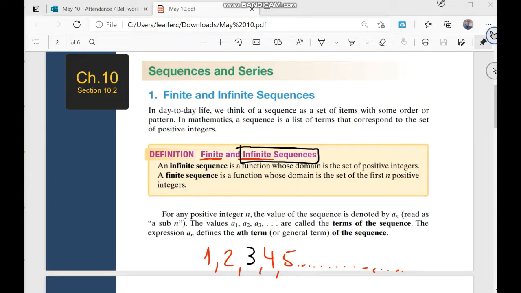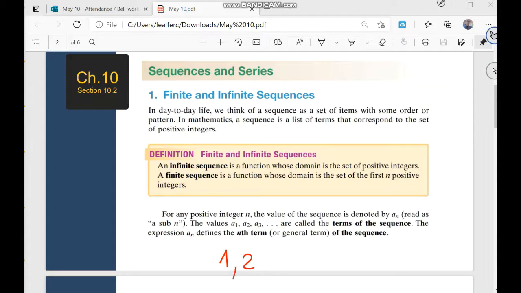A sequence that has no end, doesn't have a last term. Maybe sometimes, or most of the times, it has the first term, but doesn't have a last term, is an infinite sequence. But if I say, what is the sequence of natural numbers between 1 and 100?